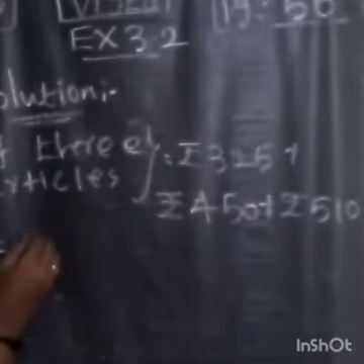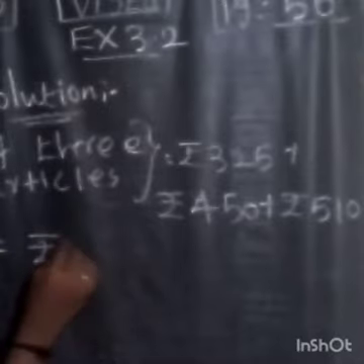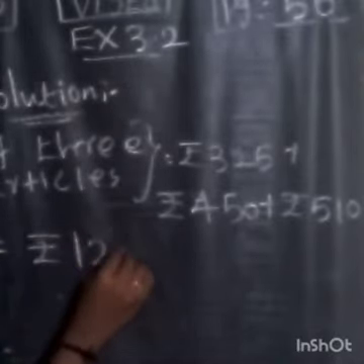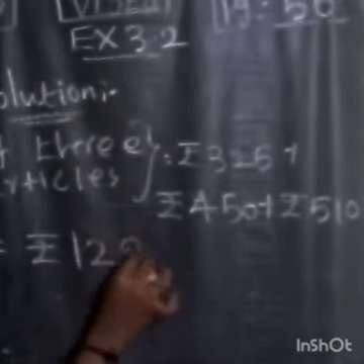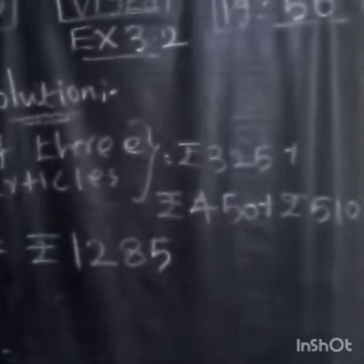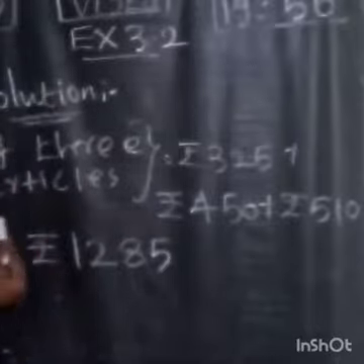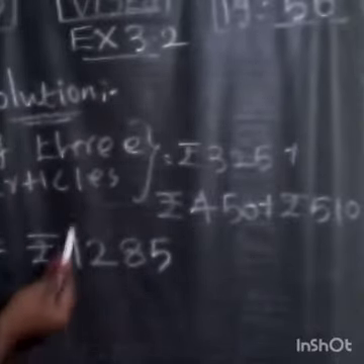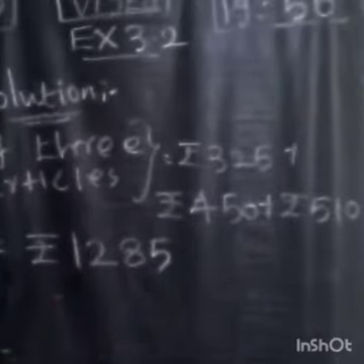So we get rupees 1285. So the cost price of 3 articles is rupees 1285.